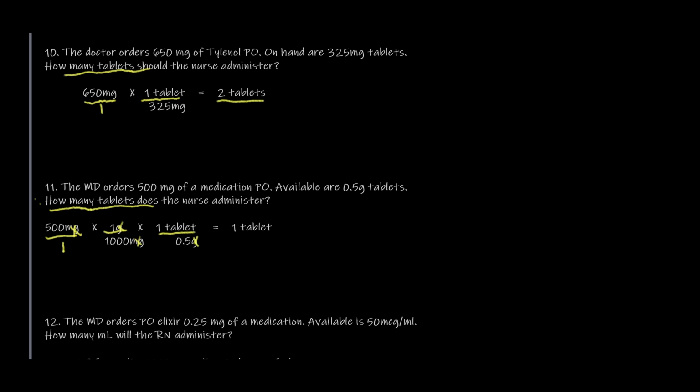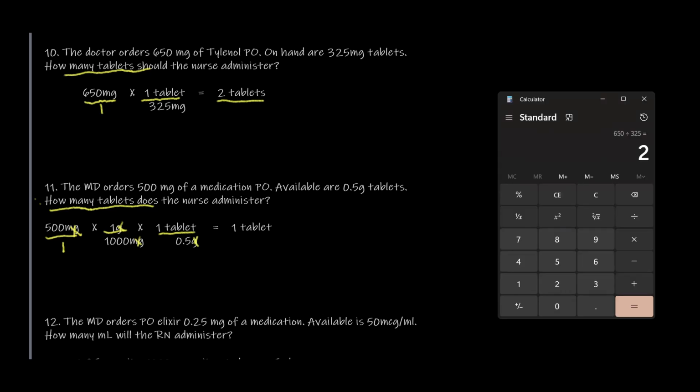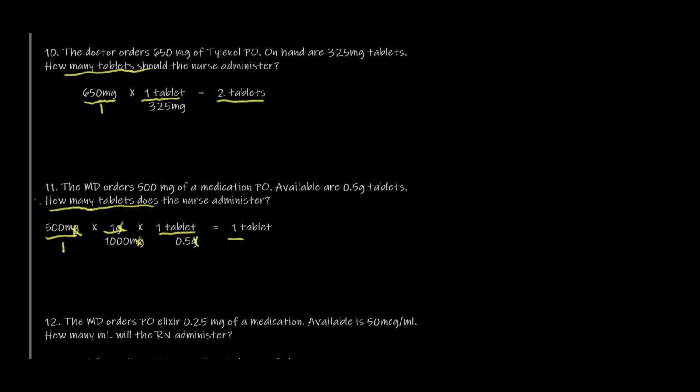Our milligrams cross-cancel, our grams cross-cancel. Next, we multiply across and then divide. 500 times 1 is 500, divided by 1,000, divided by 0.5 gives us 1 tablet for our answer.